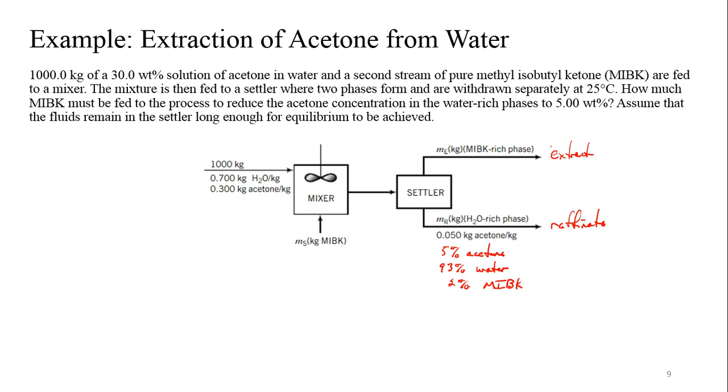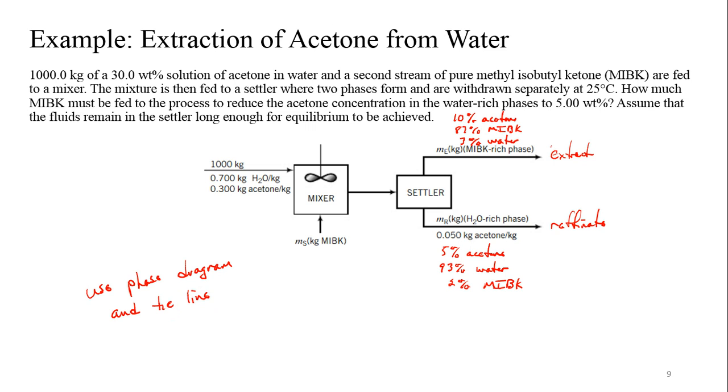In the extract phase up here, we're at about 10% acetone, about 87% MIBK, and maybe the remainder would be 3% water. So basically, use the phase diagram and tie line.